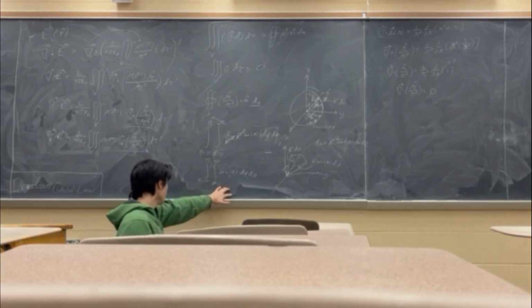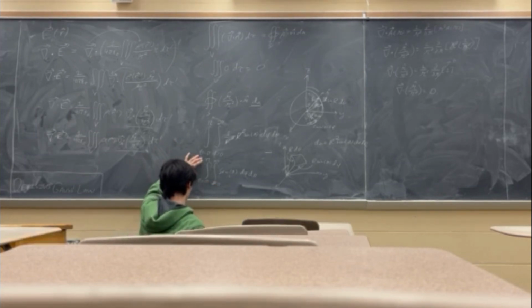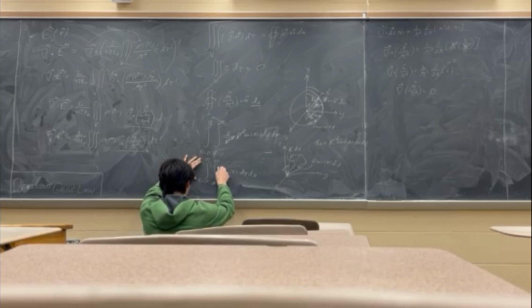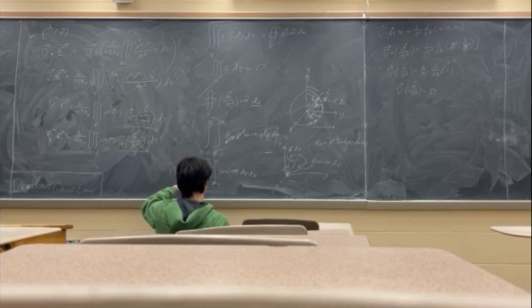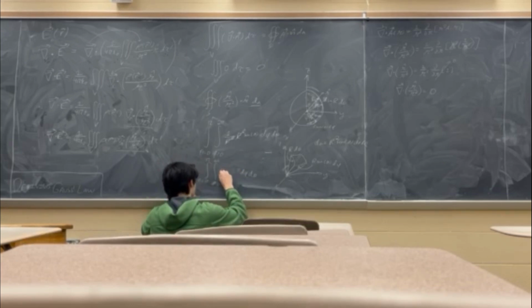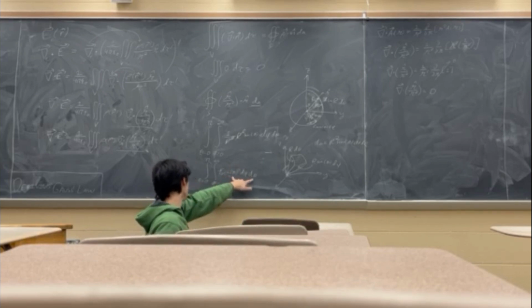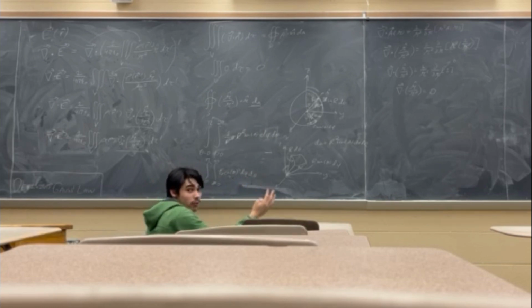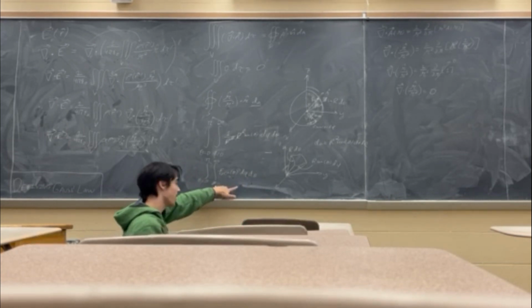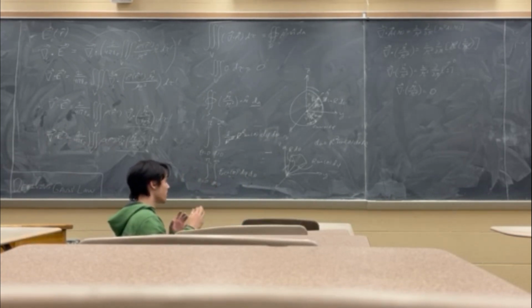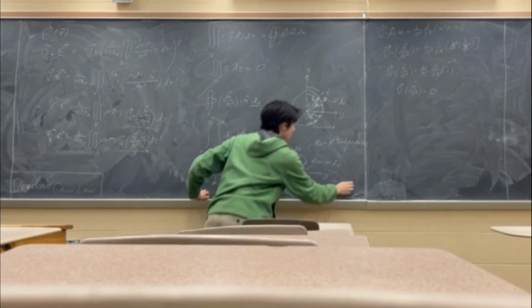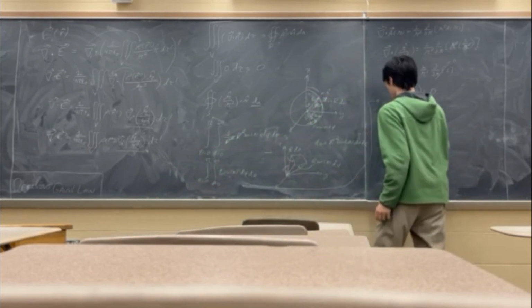But note the theta integral: we have a function of theta, sine theta, d theta, which is an integral exclusively over theta, and then here the phi integral is exclusively over phi. So we can take these two integrals and separate them out.